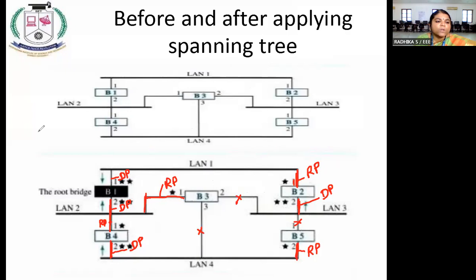So we have 5 bridges here. If we have all the ports connected through segments, then this is one closed path, this is one closed path, this is one closed path. But what I'm doing here is I'm removing this segment, this segment, and this segment. Still I have connectivity among the ports as well as with all the LANs.